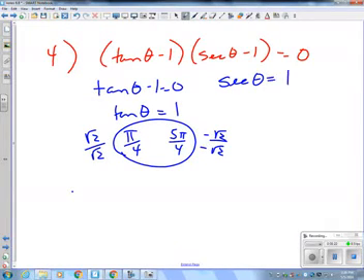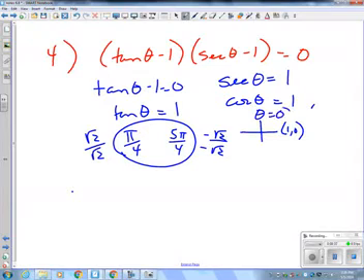So secant equal to 1 wherever cosine is equal to 1. And cosine is 1 over here on the edge of the graph. So in this case, theta is equal to 0 is my other possibility. So I got 3 answers out of that one.